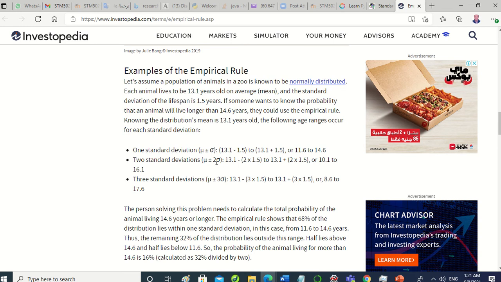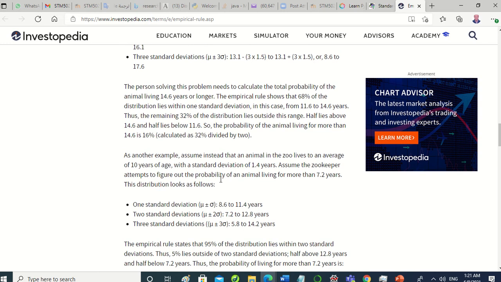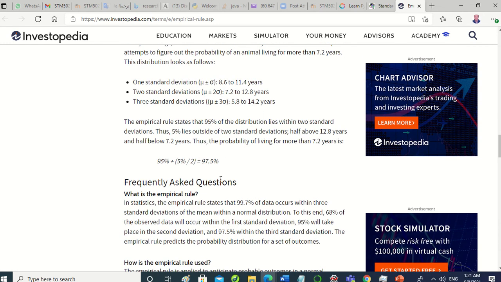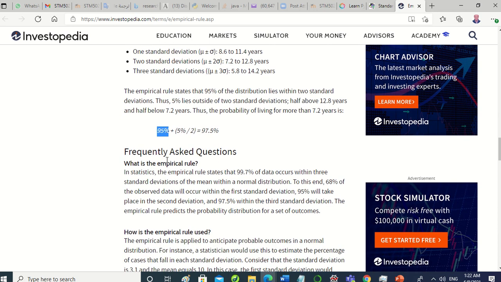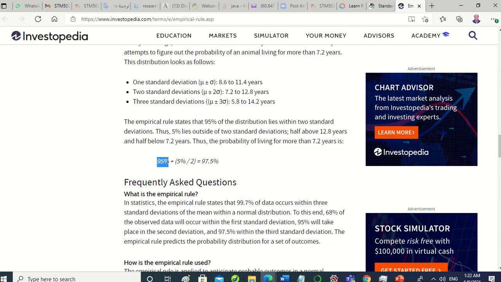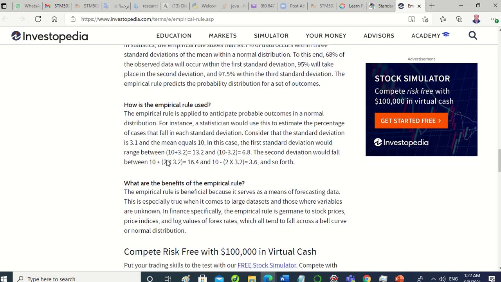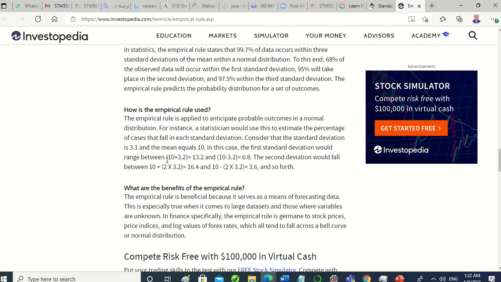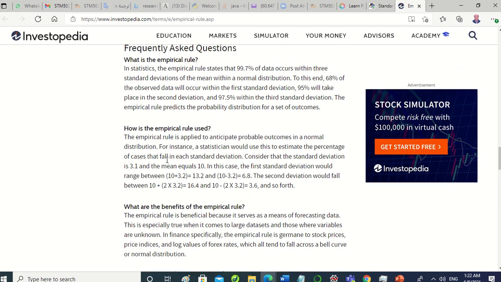For three standard deviations, the same equation, but here we add or subtract 3 times the standard deviation. Approximately, the two standard deviations cover around 95 percent of the list, and the first standard deviation about 68 percent, while the third about 99 percent. It differs from one dataset to another.